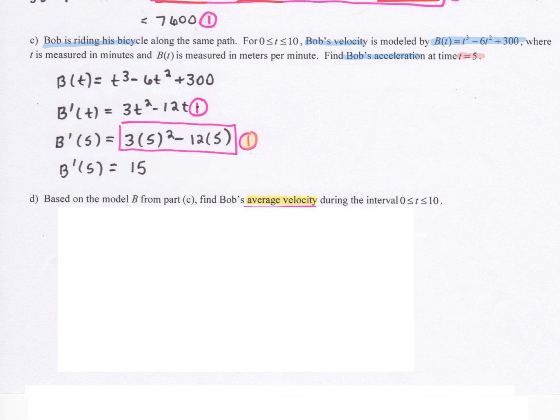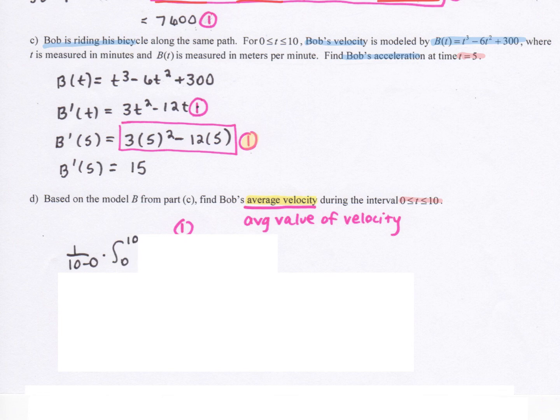In part D, I'm asked for Bob's average velocity. Our interpretation of that is an average value of velocity. So we want to take an average value approach to this. Integral over interval. My interval is from 0 to 10, so that part is going to say 1 divided by 10 minus 0 times the integral, and I use that same interval as my limit, 0 to 10.